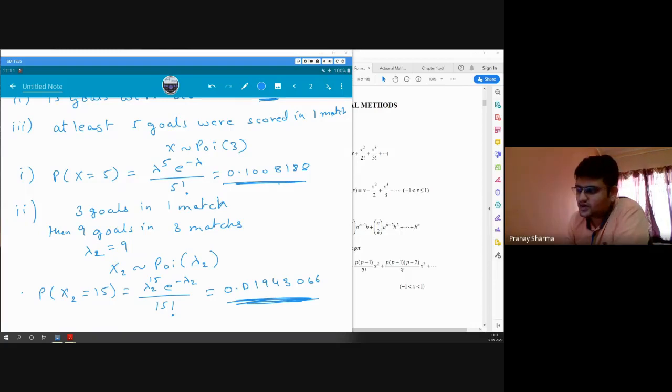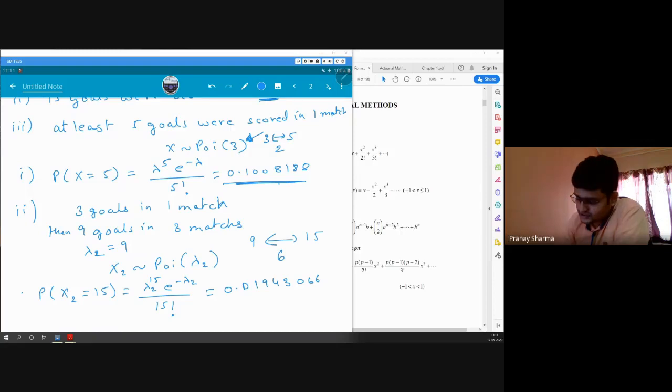That is mainly because we are going far away from our mean, right? Here our average was 3 and we were saying 5, so the difference was 2. That was okay. Here we had 9 as our average and we were talking about 15, so the difference now is 6 goals.